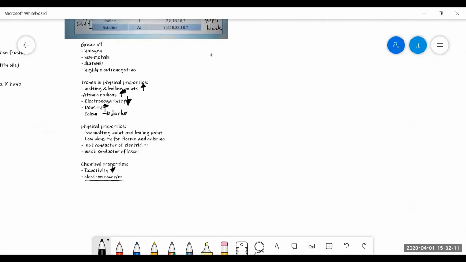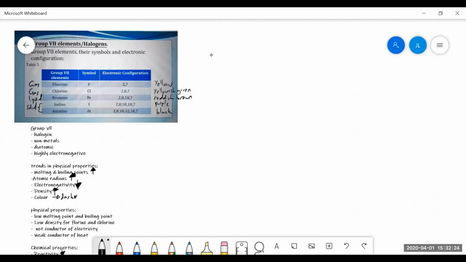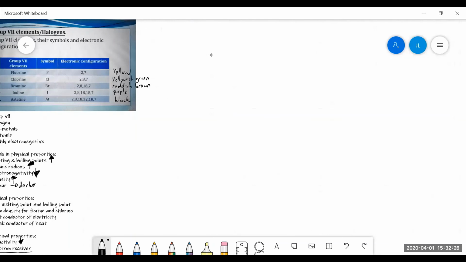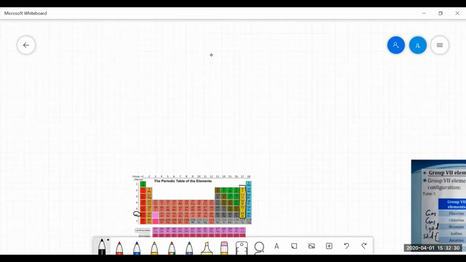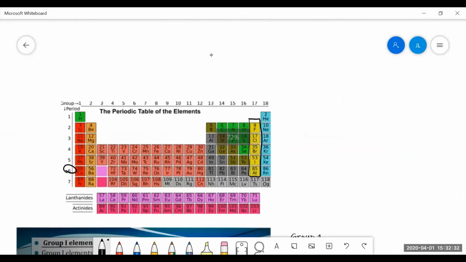So you have to go back and study and memorize. Now, so far, any question on group 7? No? Okay. So, group 8. After this, we'll end our lesson today.